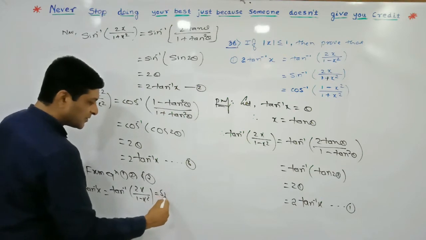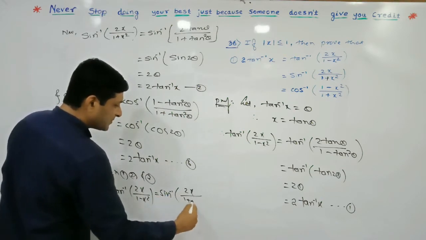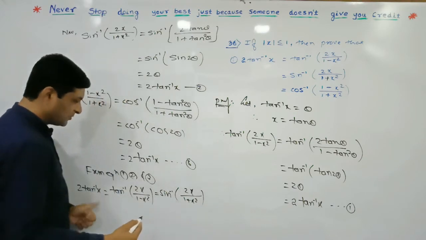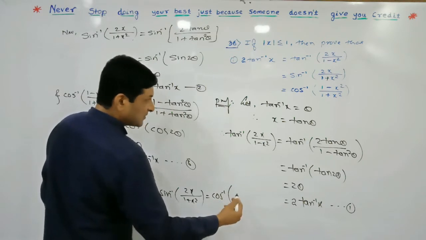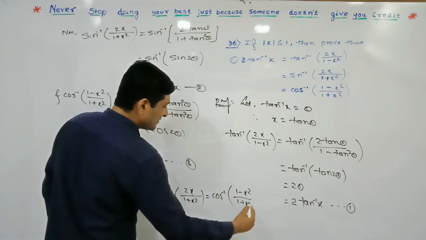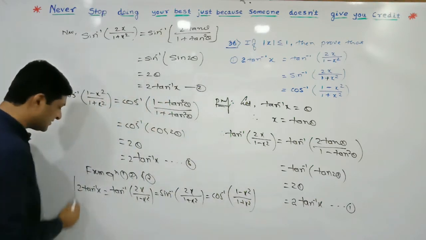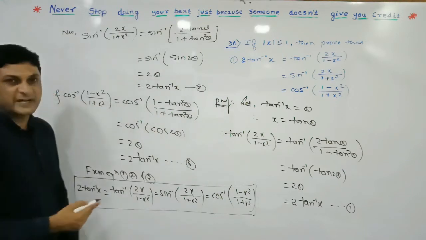Its value in terms of sine inverse will be equal to sine inverse of 2x upon 1 plus x square. And what is the value of 2 tan inverse of x in terms of cos inverse? That will be cos inverse of 1 minus x square upon 1 plus x square. This result is one of the very important properties of inverse trigonometric functions.